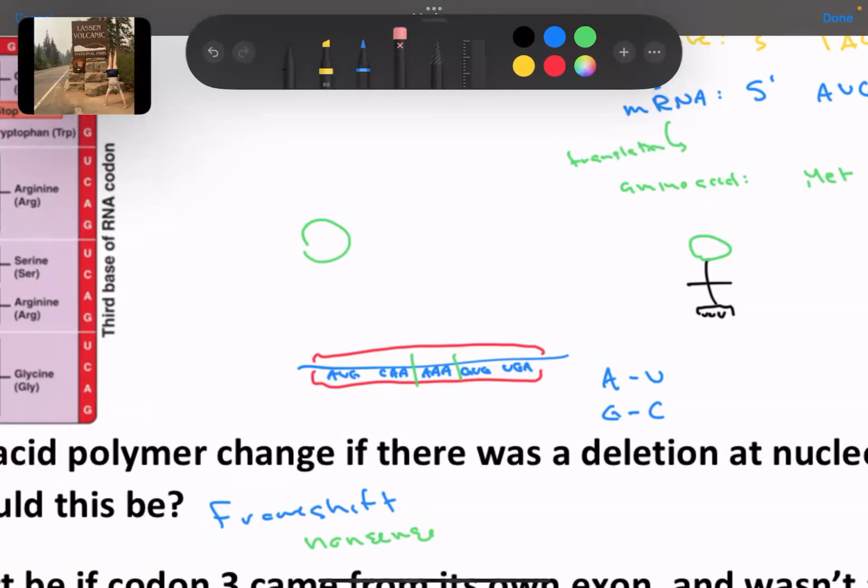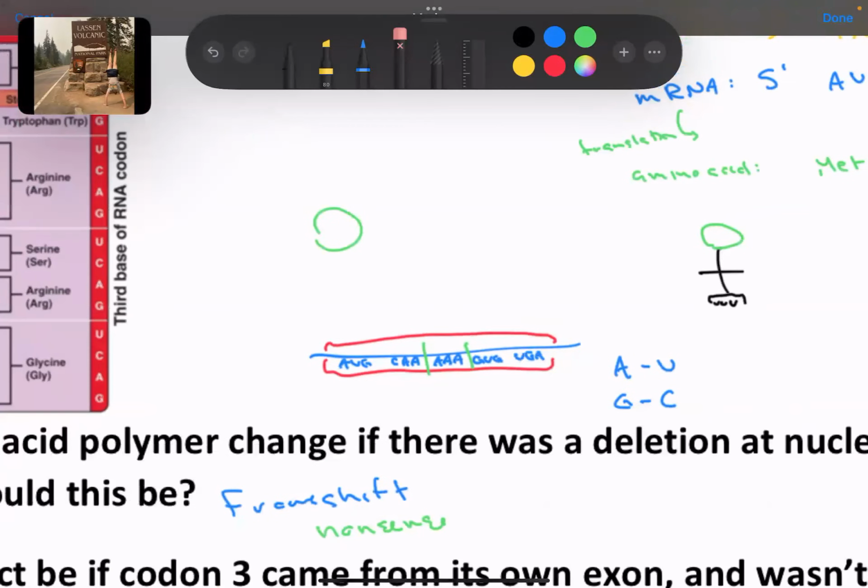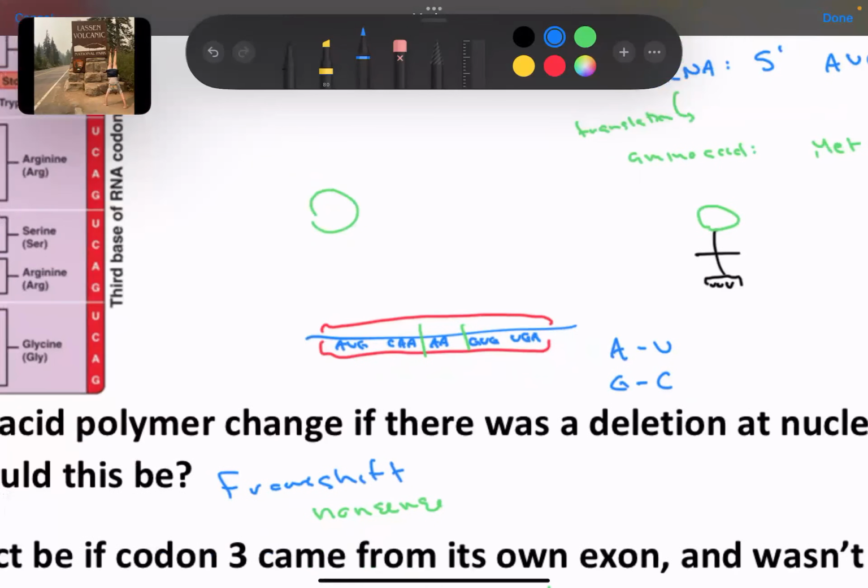But what if maybe we had a mutation and this A had been mutated into, I used the pencil, of course, a G instead. So we didn't shift our frame.